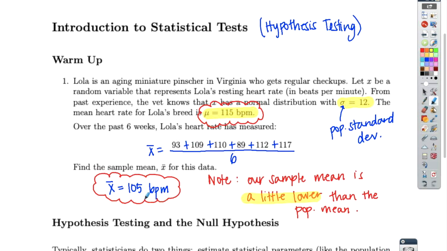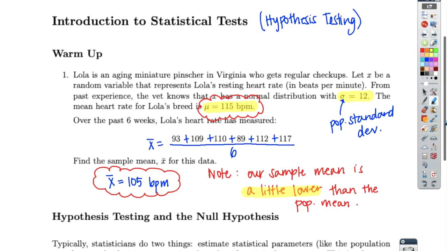If we measured it on a different week, would we get 125 beats per minute? Maybe it's 10 up from the mean, whereas this one is 10 down. That's what we're testing in this entire chapter: maybe our sample mean is a little bit off from where it should be. How far off is too far off?